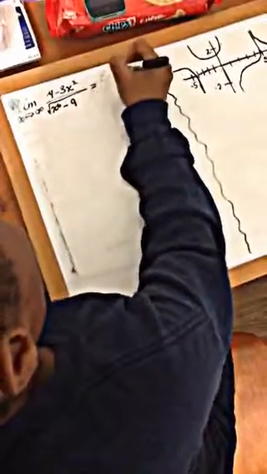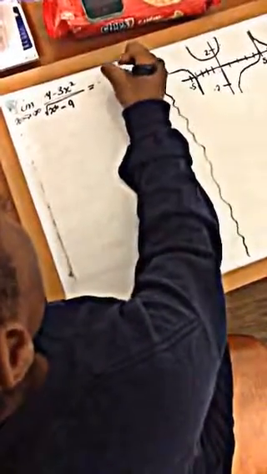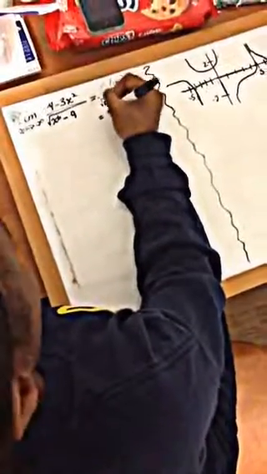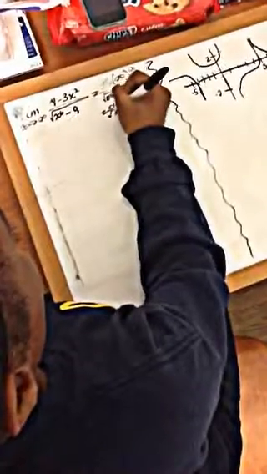I can drop my limit because I'm doing substitution. It's going to give me infinity over infinity, and this leaves the answer as indeterminate.